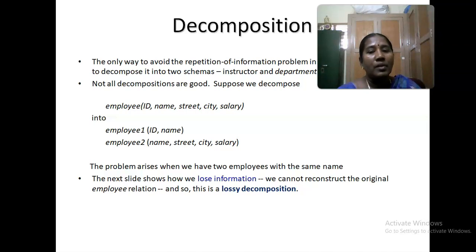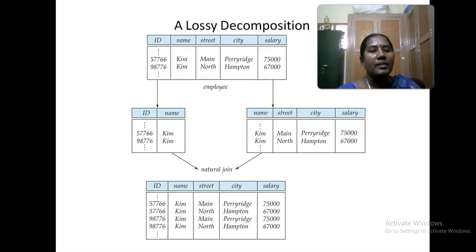When the schema is decomposed into two without any loss of information, then we can say it is properly decomposed. If there is a loss of information, then it is a lossy decomposition. Take as an example the employee table consisting of ID, name, street, city and salary. It is decomposed into employee 1 and employee 2.